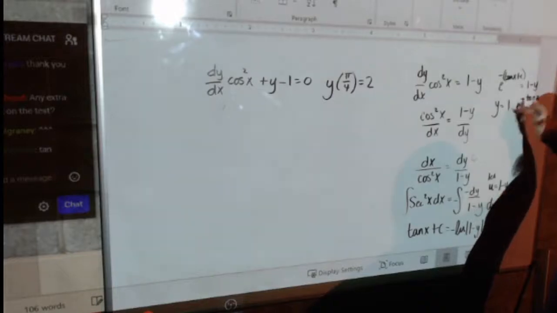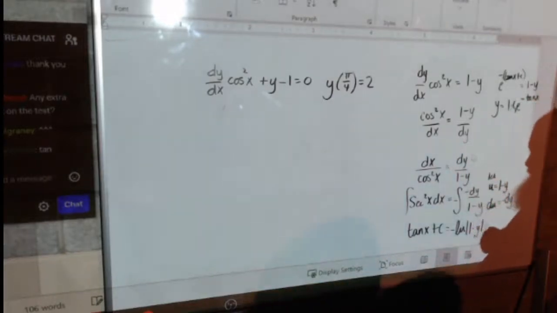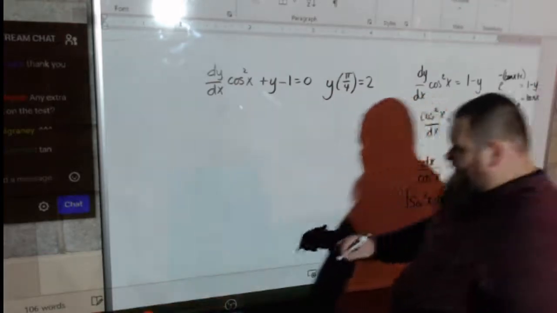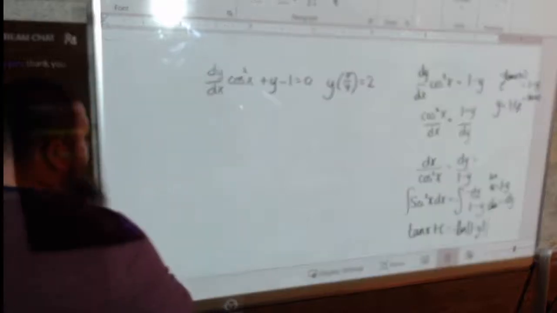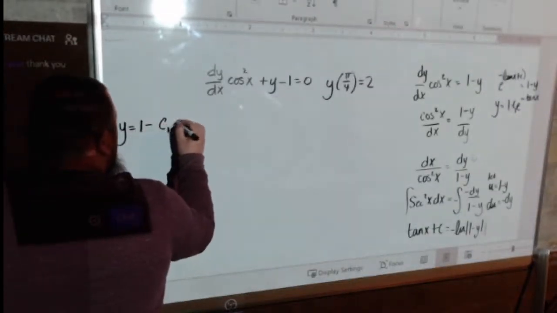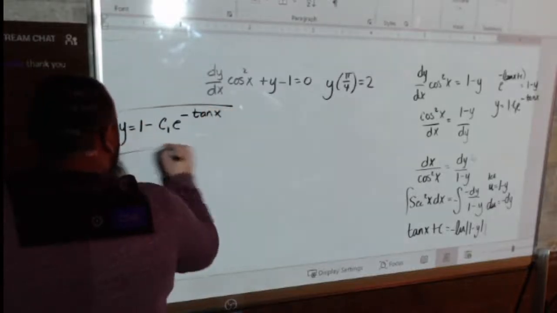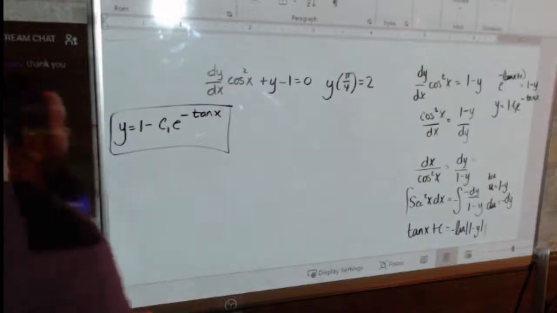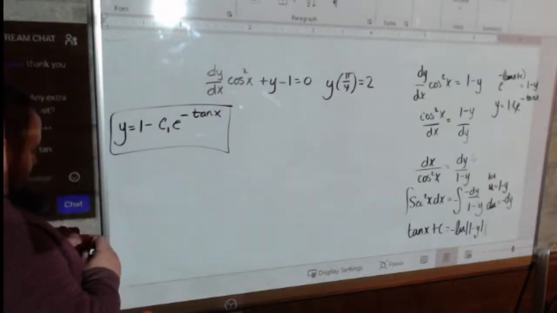And there's technically going to be a c1 in front of that e. So let me write that over here because it looks like it's really hard to see. I just wanted to do this one both ways and see how our answers look. So 1 minus C1 e to the minus tan x. This looks like what we get out of doing it by separation of variables.